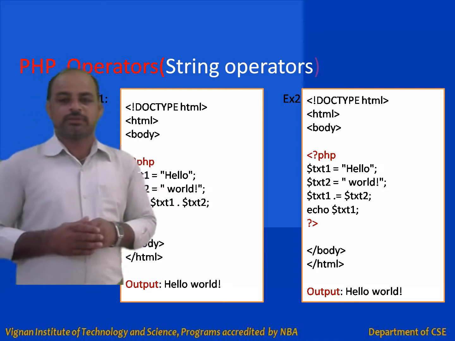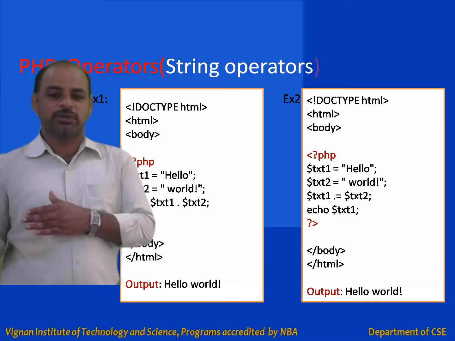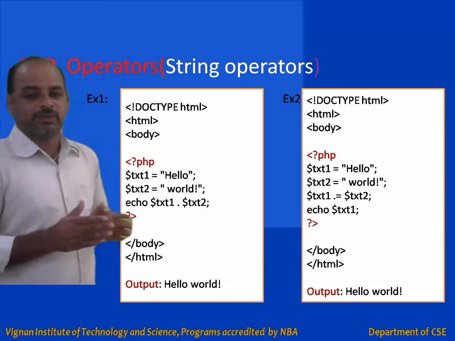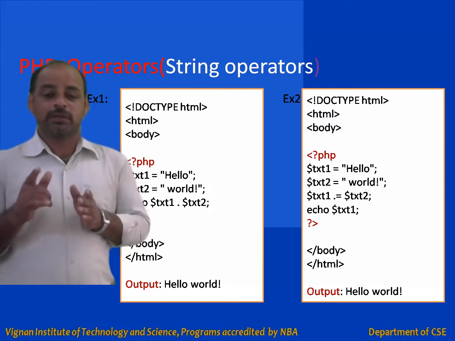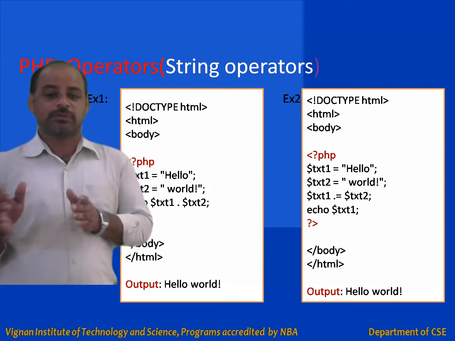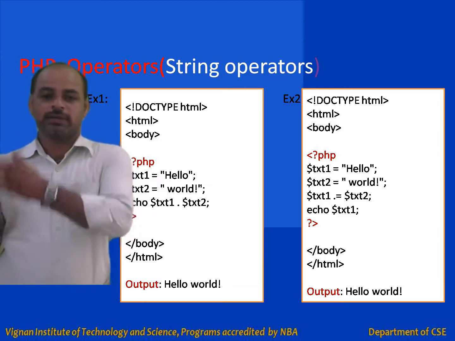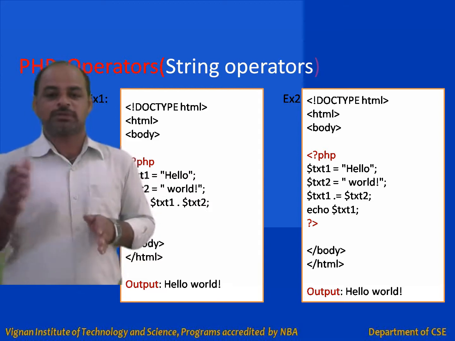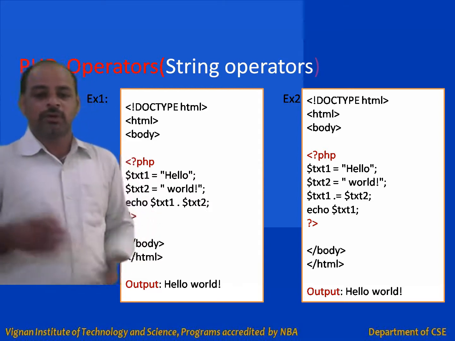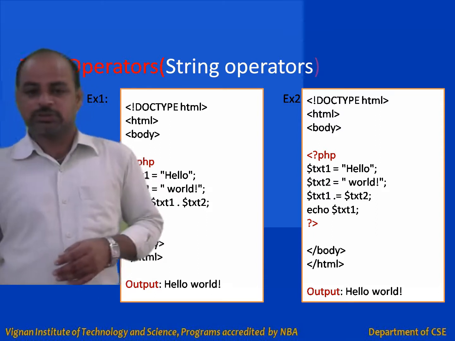Similarly, in the second example, text1 equal to hello, text2 equal to world. Here we are using $text1 .= $text2 and simply echo text1. That means concatenating these two strings, hello and world, and the resultant string is stored into the text1 variable, so I am simply writing the text1 variable. You can see the example output also. So this is about string operators.